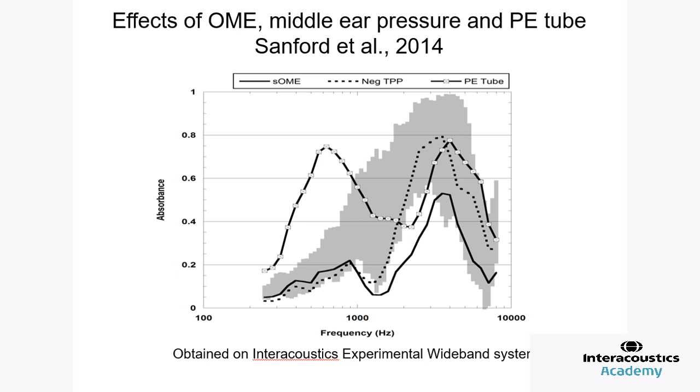We see some large undulating peaks, like with the perforation, but if it occurs across a fairly broad frequency range, as is shown here for the ear with a perforation, as well as the ear with negative tympanometric peak pressure, then it's more believable. If you just see a change in a small frequency region, that can be quite normal in an individual ear. So we're really looking for patterns across a broader frequency region than just a small one that might happen with certain peaks.